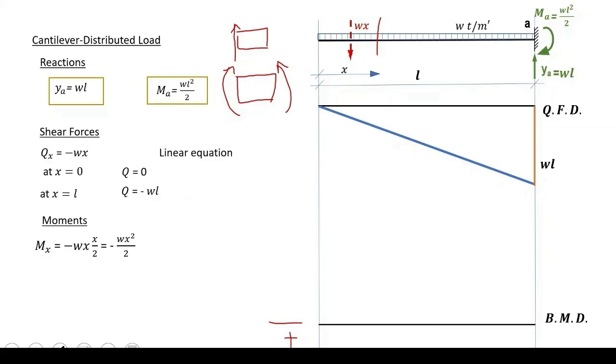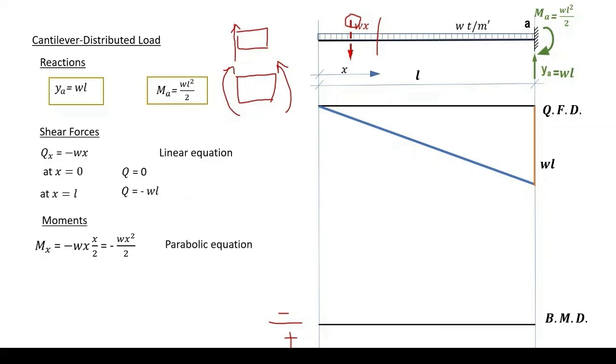If you have the opposite, the tail of the moments upwards, then you have a negative bending moment, which is our case here. Note that the tail of the load is the same as the tail of the bending moment because the load is the cause of the moment.